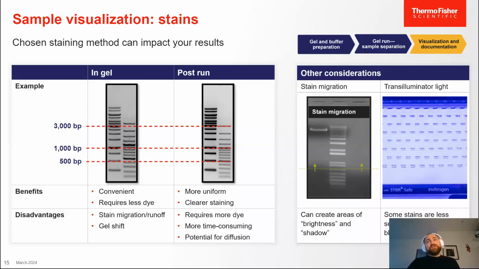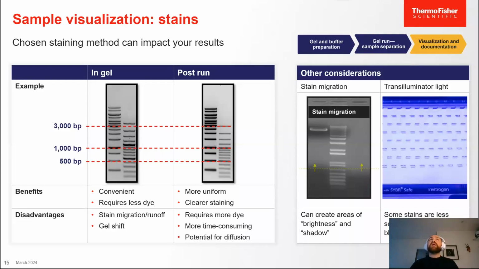Also, there are additional things to consider when staining, especially when you're using in-gel staining. Because the stain migrates in the opposite direction from what your fragment migrates. Your fragment migrates from, say, top to bottom, but your stain migrates from bottom to top.